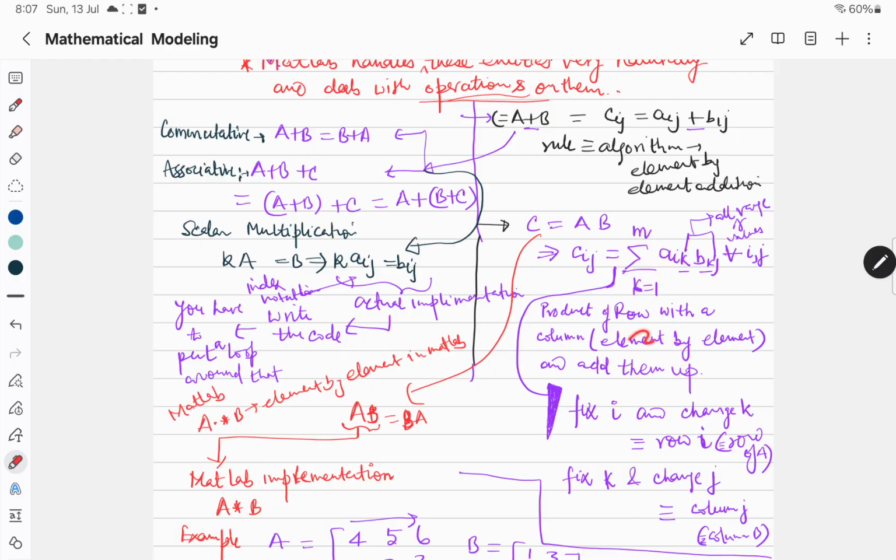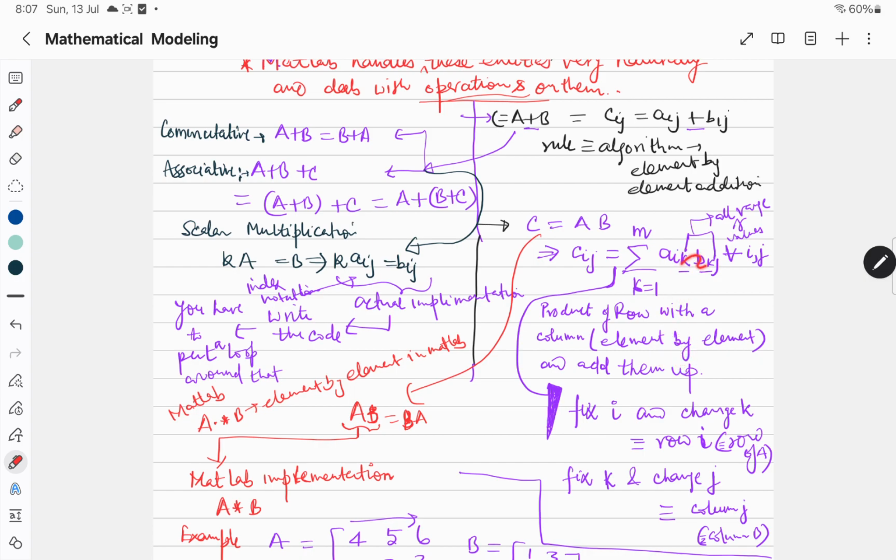Okay, so how can you interpret this? a_ik means if you fix i and change k, because k is the repeated index, so sum over that. If you have fixed i, meaning the ith row, and change k, that is the column. So you are going through the ith row and all the columns, that means you are considering one row, the ith row.